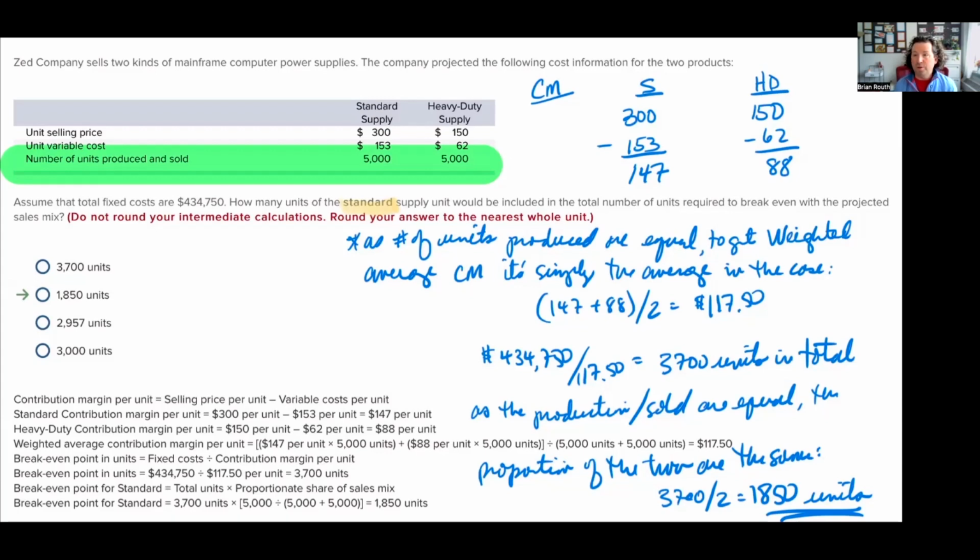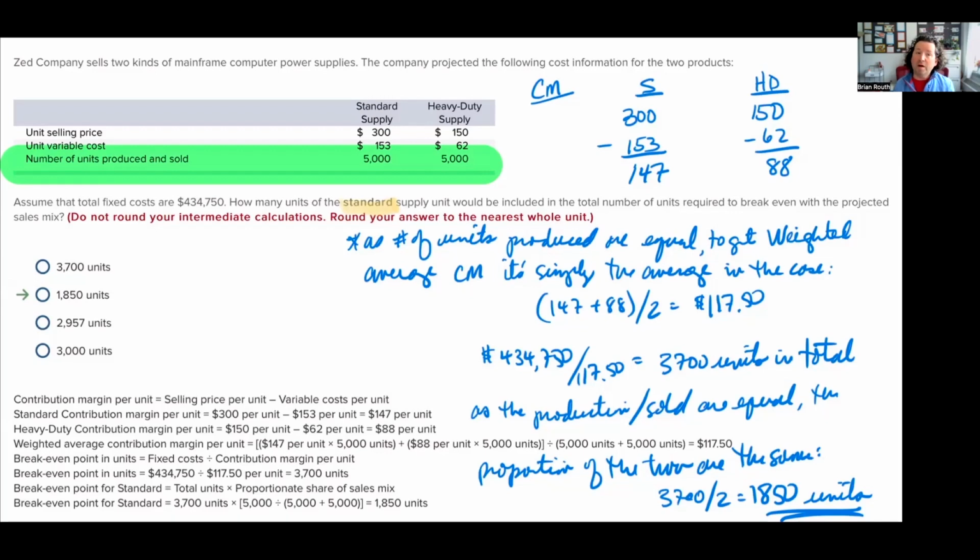The variable cost per unit is $153 for the standard and $62 for the heavy duty. So sales minus variable cost is contribution margin. That's what we're looking for here. We find that the contribution margin of the standard is $147 per unit, and the contribution margin for the heavy duty is $88 per unit.